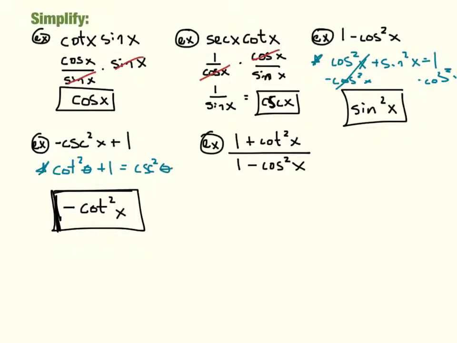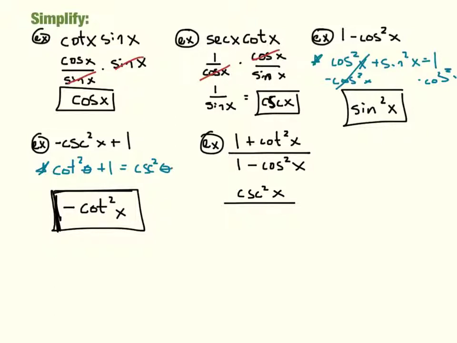Okay, in this last example, we're going to look at 1 plus cotangent squared x divided by 1 minus cosine squared x. So 1 plus cotangent squared x, I look at the Pythagorean identities. That's the same thing as cotangent squared theta plus 1. So this numerator is equal to cosecant squared x over 1 minus cosine squared x.